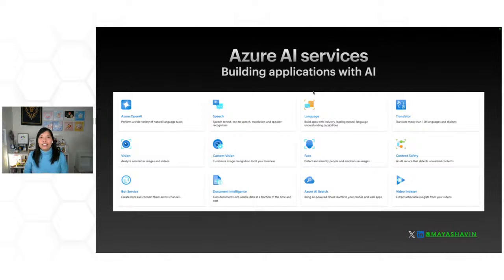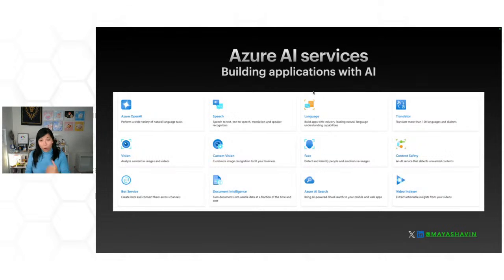Now let's talk a bit more about Azure AI services. Azure offers a lot of different services to help developers build AI applications on top of them. Some are very popular that you already know, such as Azure OpenAI, which we will talk about in the next slide.